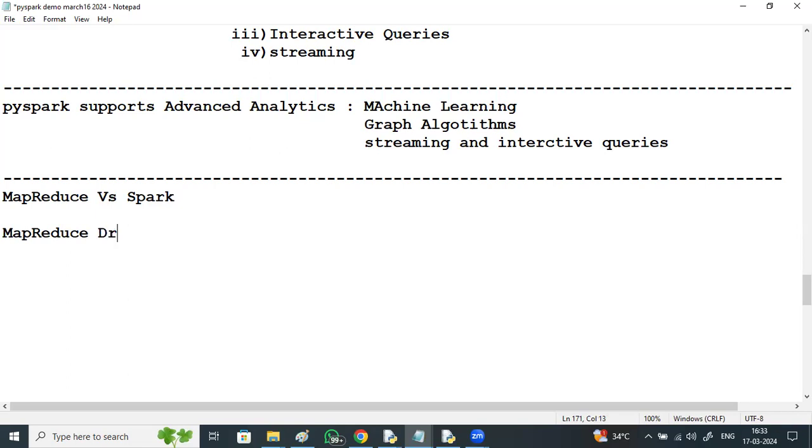MapReduce drawbacks. First thing is transformations cannot be reused.